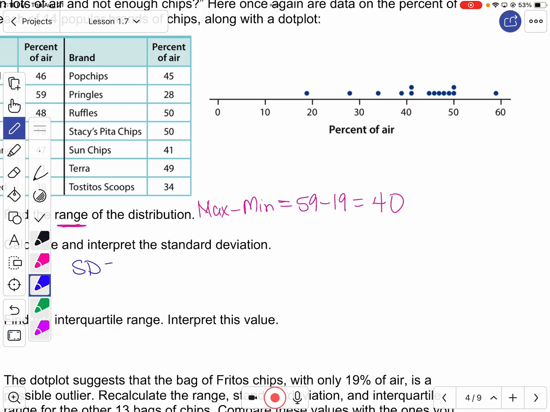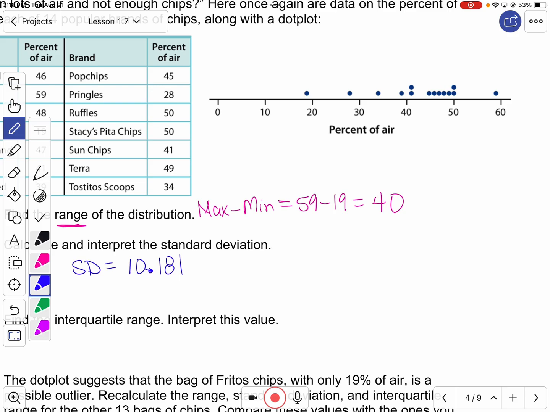Then we want our standard deviation. Again, we're just going to pull that straight from our summary statistic. What number does it give me for that? 10 point something? 10.181. Okay. Now, that's easy to pull out, but let's talk about what it means. Okay. What does it mean?